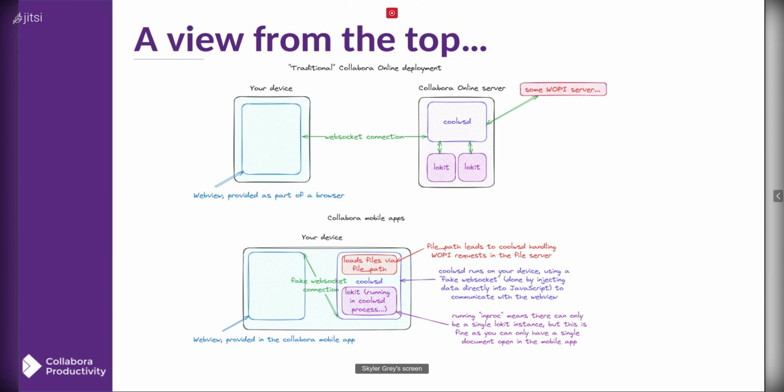And in the mobile apps, it's very similar. You have a web view that's in our mobile app that's provided by your operating system, and then we have a fake WebSocket-like connection to Collabora Online col.WSD server running on your device in proc. And that means that you can only have a single allocated instance, but as we have only a single file, that's okay.